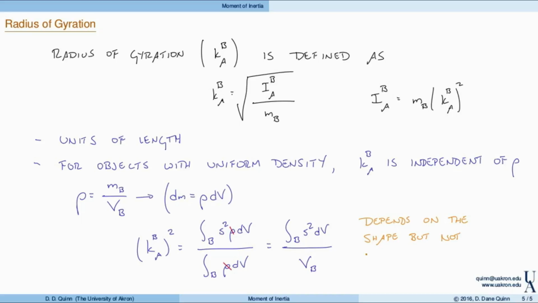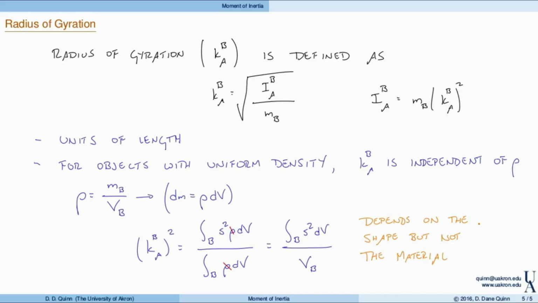However, the moment of inertia would certainly vary because the mass changes. So if I were to make an object out of lead, I would expect the moment of inertia to be much larger than if I made it out of, say, balsa wood, simply because the mass is larger.